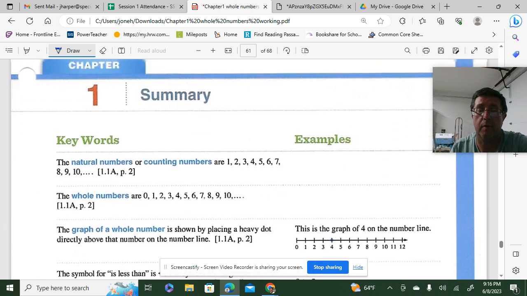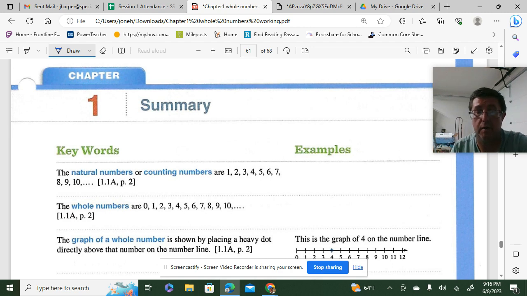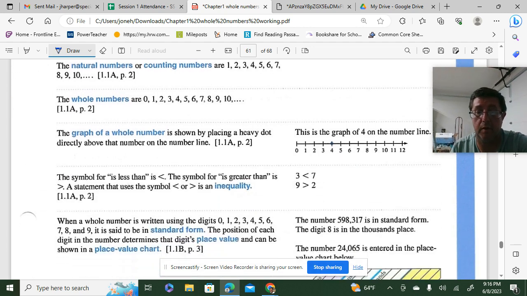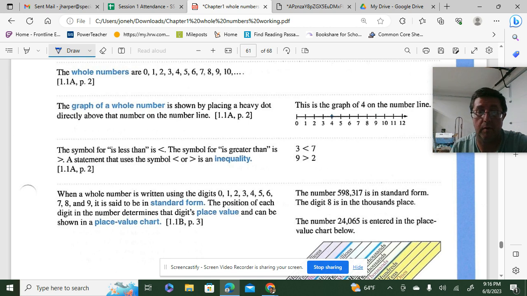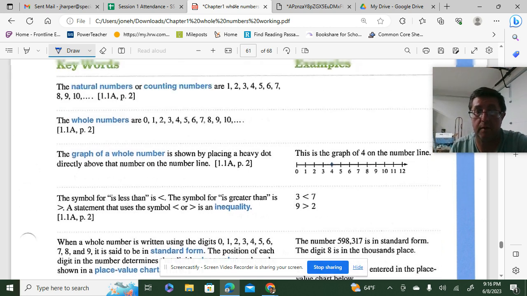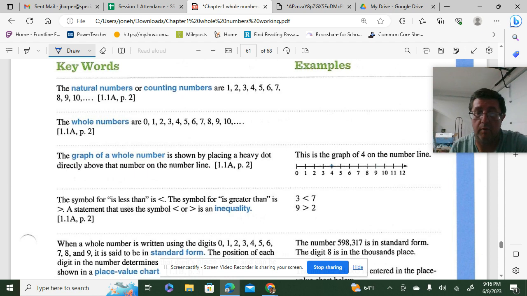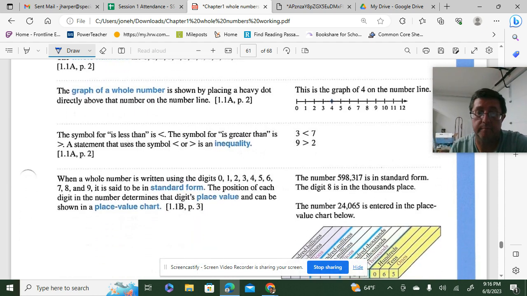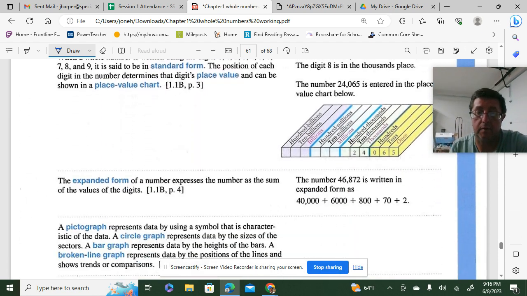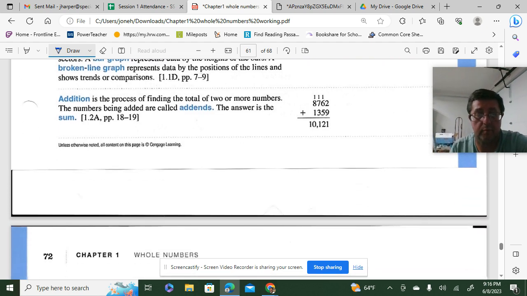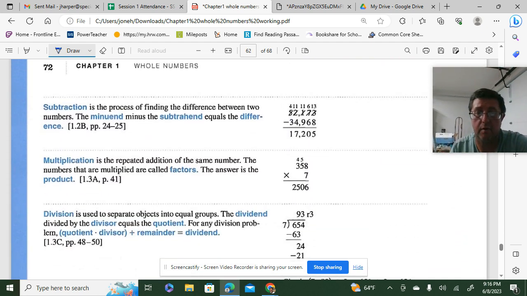Okay, now we are doing a whole summary over chapter 1. So we are doing the greater than, less than, and putting them in order. These are the natural numbers. These are the whole numbers, which only thing different is the 0. You guys have gotten into some negative numbers, but those are called integers.